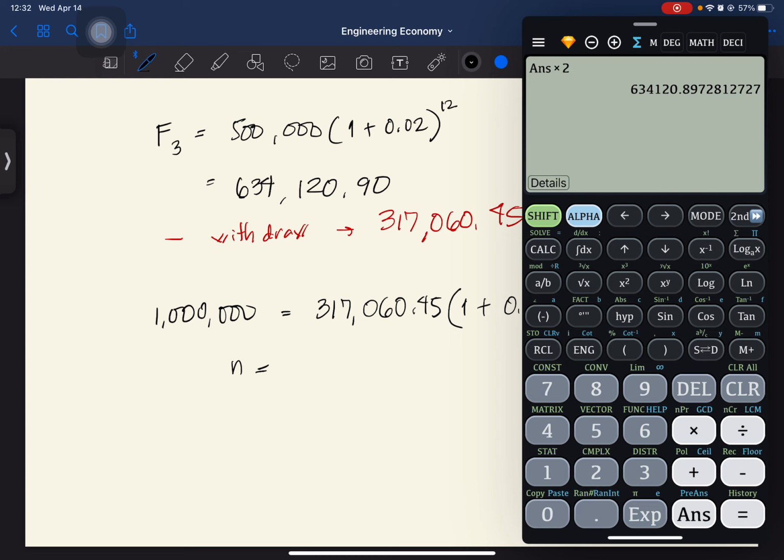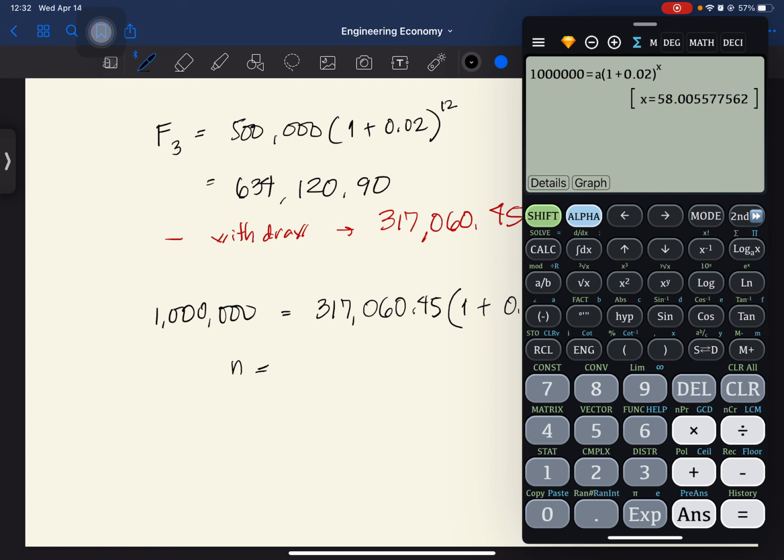Ayan. So, ship solve. 1,000,000 ang future worth. A yung present worth. 1 plus 2% per quarter. And you are counting how many quarters it will take.